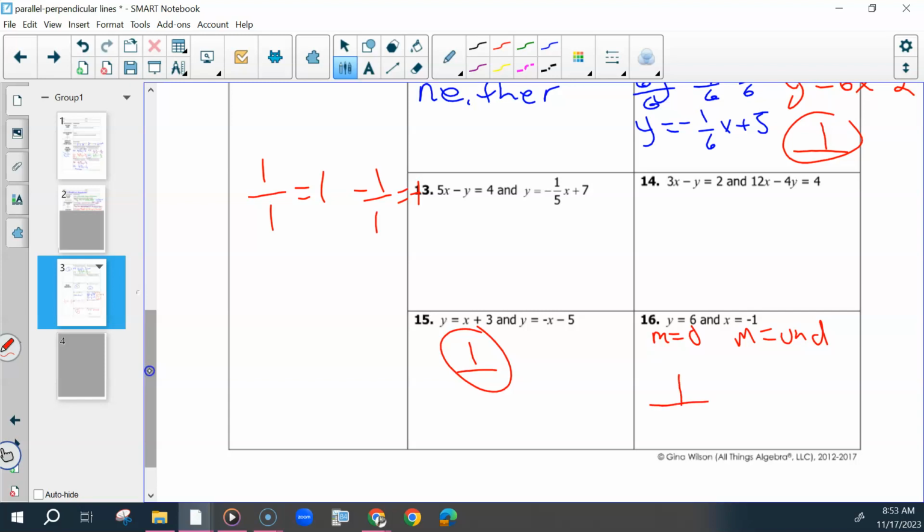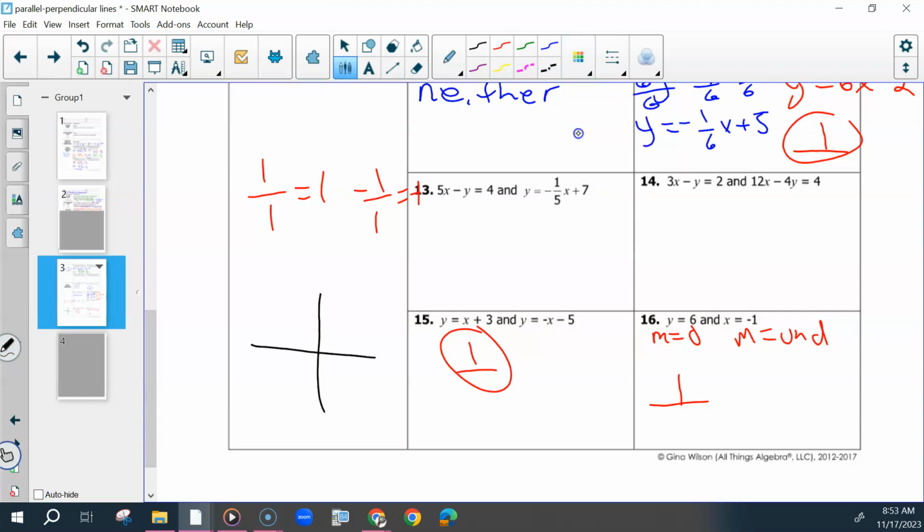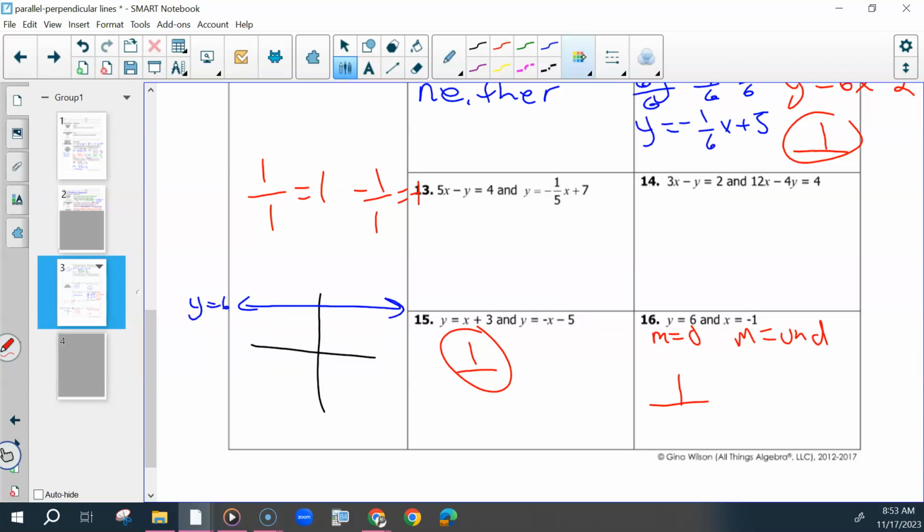If you need to, you could draw it out. So I'll draw a small graph over here. Y equals 6 would look something like this. X equals -1 would look something like this. They would be perpendicular. What if it said y equals 6 and y equals 5?